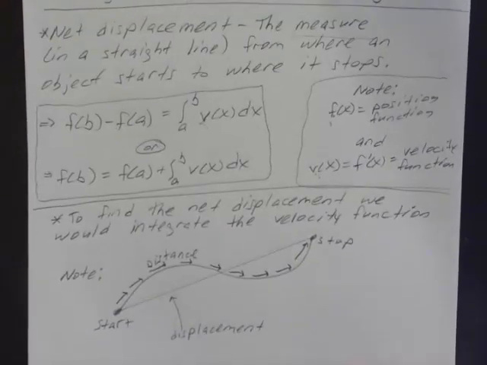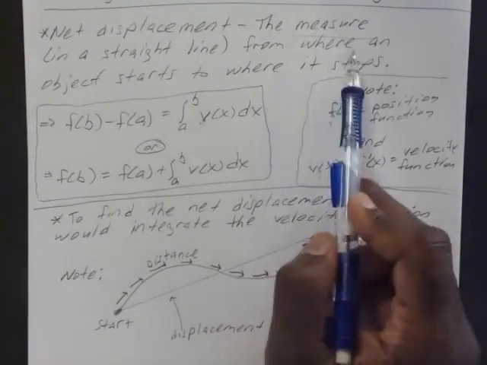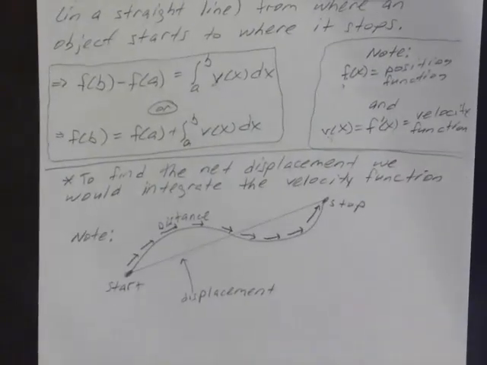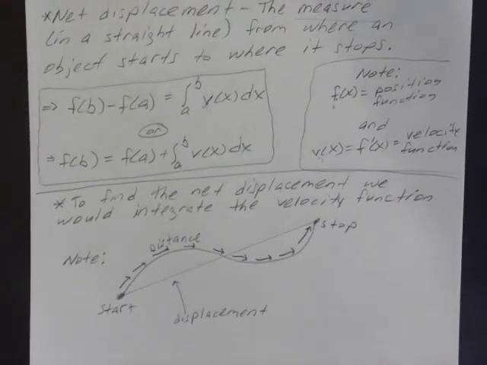So that's why I hesitate. I almost said the distance from where you start to where you stop, but I had to remember that wouldn't be completely accurate. I want to use distance to describe displacement, knowing that distance is something different.